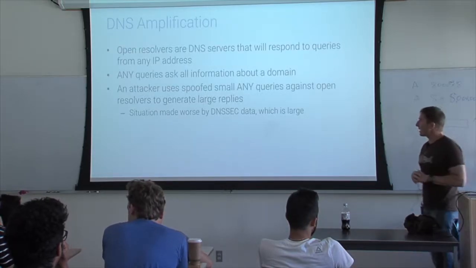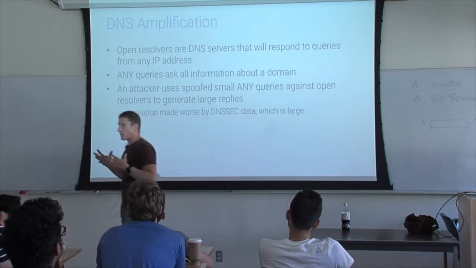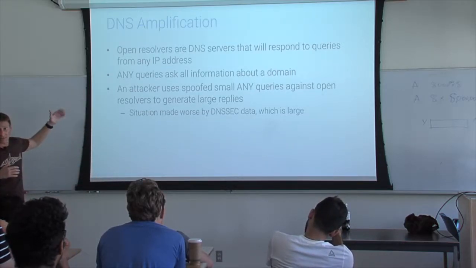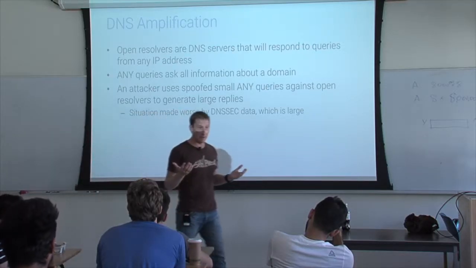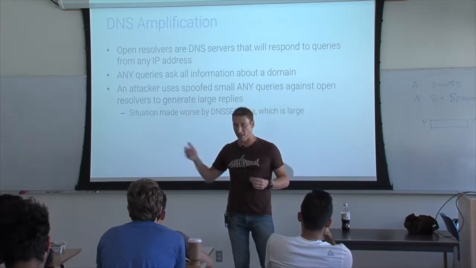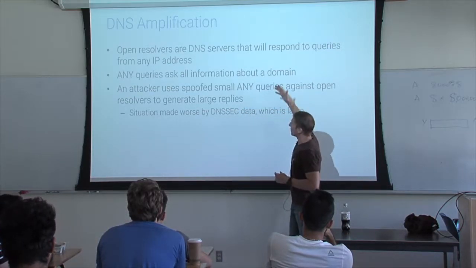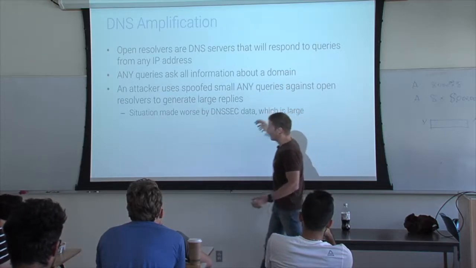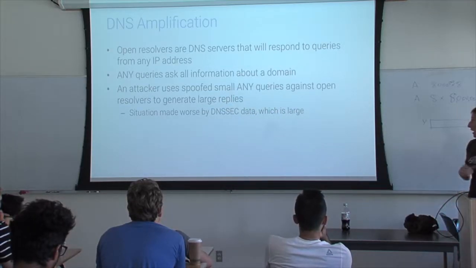We talked a little bit about DNS amplification. This is a problem with open resolvers. These are DNS servers that will respond to queries from anybody. This should not happen. Similar to this is the problem with SMTP open relays that are used for spam, because then the spam appears to come not from the spamming host but from the server. You can ask with any queries for all information about domains, and so you can do this in order to amplify an attack.